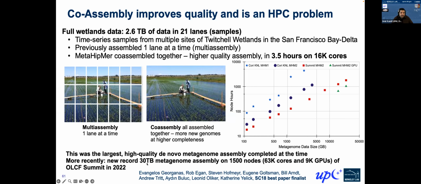So more recently, the Exabiome group keeps on breaking their own records in terms of how large of an assembly they can do. Last year they did a 30 terabyte assembly on OLCF Summit on 63,000 cores and 9,000 GPUs. So again, here we have UPC++ basically enabling new science to be done.